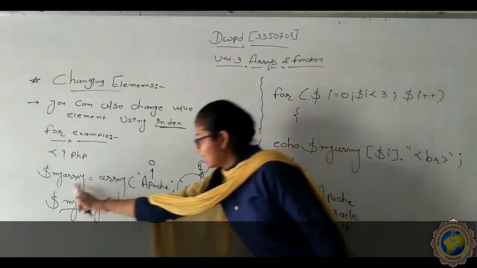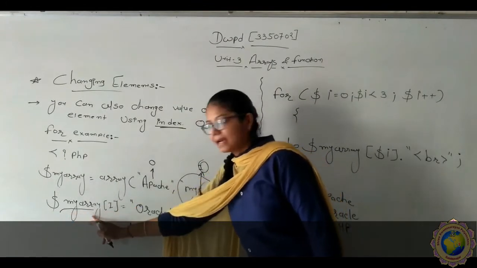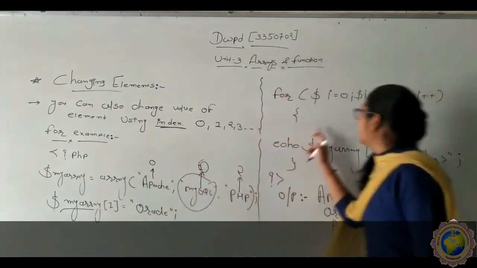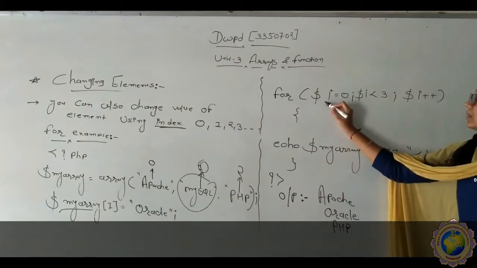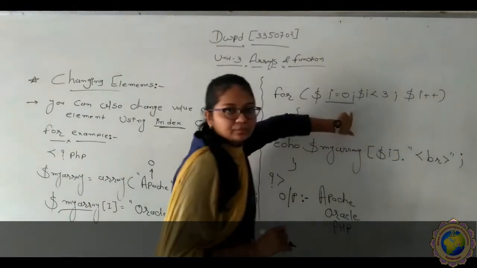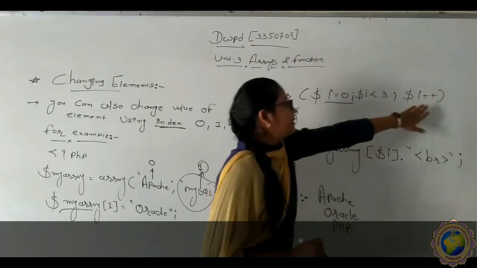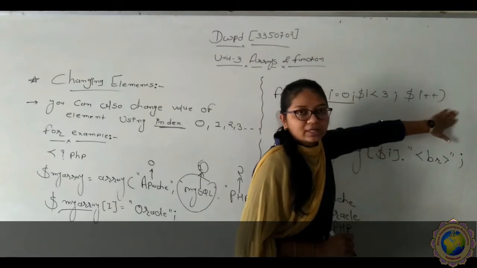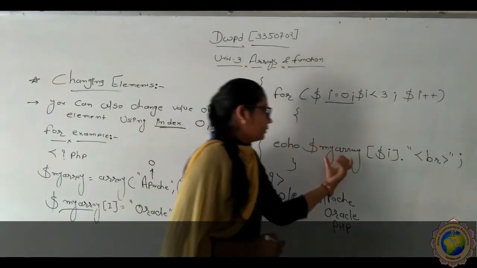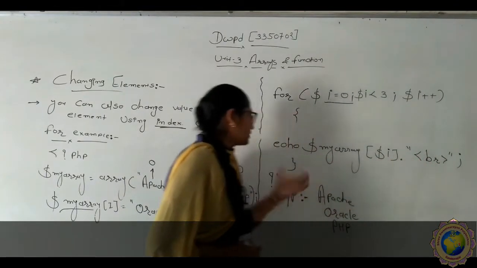This statement uses the variable myArray, given the index value and then the value, and using the loop. Suppose initialization index value 0, then given the condition I less than 3 and use the post increment of I, then print the statement myArray, call the I, break and stop.